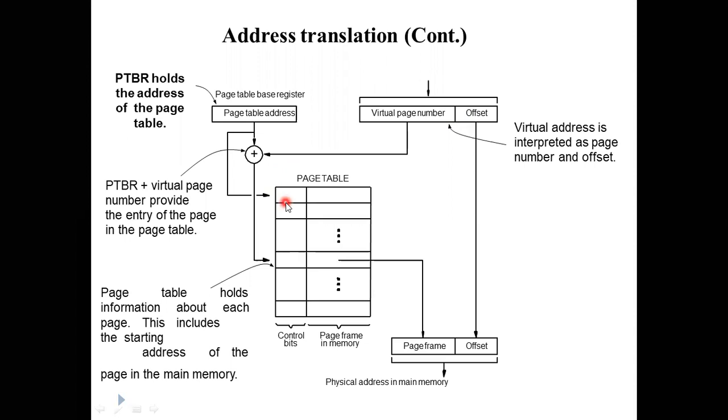So by this address translation process, you can see how the page table base register plus the virtual page number can be entered into the page table as a page number. This particular process can be discussed, but I will advise you again to go through some books.